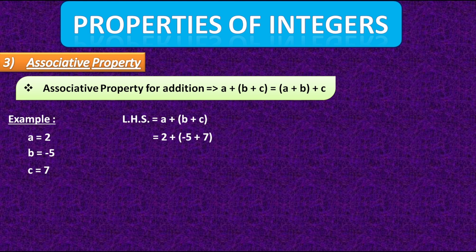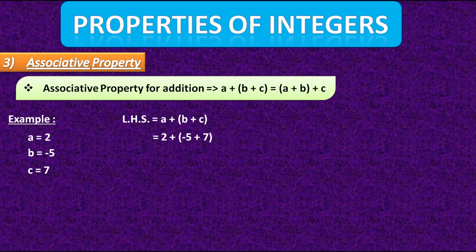As per the rule of BODMAS, we know that we have to first solve the bracket. Whatever is in the bracket, we have to solve first and then go to the next. So we keep this 2 as it is, and we solve -5 plus 7. Here -5 and plus 7 have different signs, so we have to subtract.